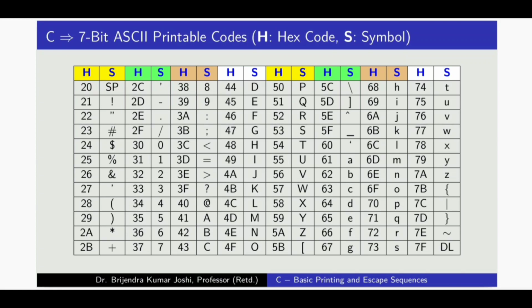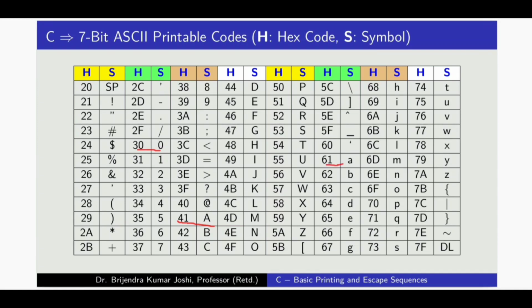Okay. So the ASCII code for digit 0 is 30 hexadecimal. Where is it? Here it is. Capital A has a hexadecimal ASCII code of 41 and lowercase a is 61.